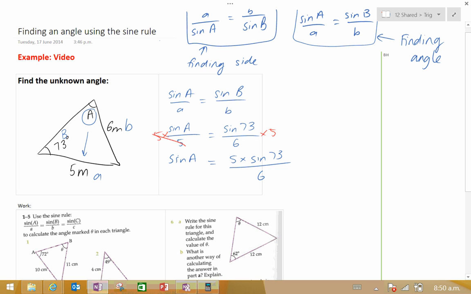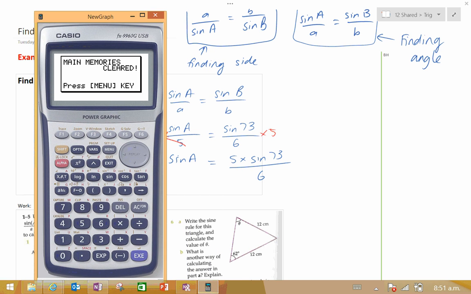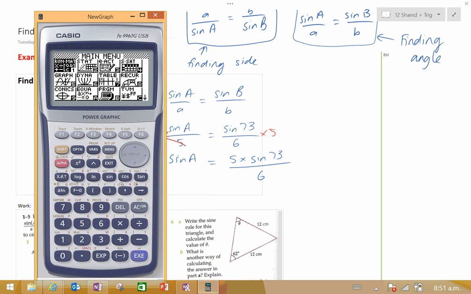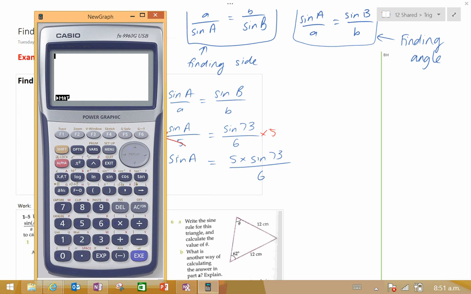When you get to this stage, you can use a calculator for this step if you want. We're still not going to quite be there, but I'll show you what I mean. We'll bring up the calculator, and I'll go into normal run mode. I want to make sure I'm on degrees, so I'll go Shift Menu, and then down to angle and change that to degrees.